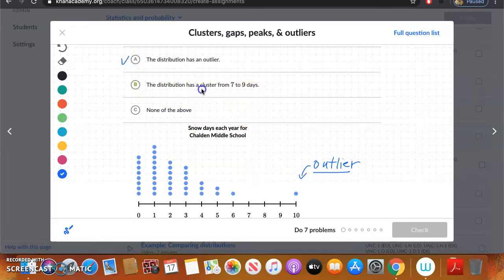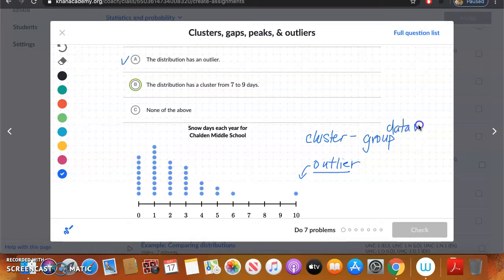Okay, so a cluster, a cluster is basically a bunch of data, right? It's like a little group of data, or data values grouped together, right?